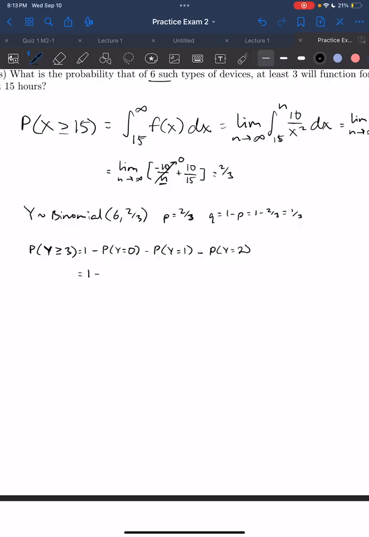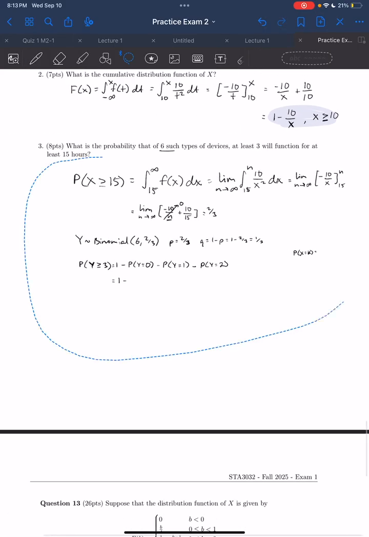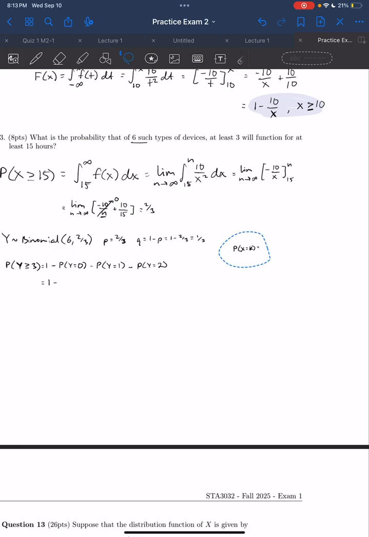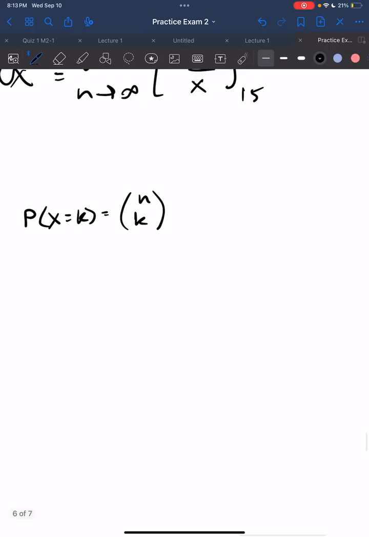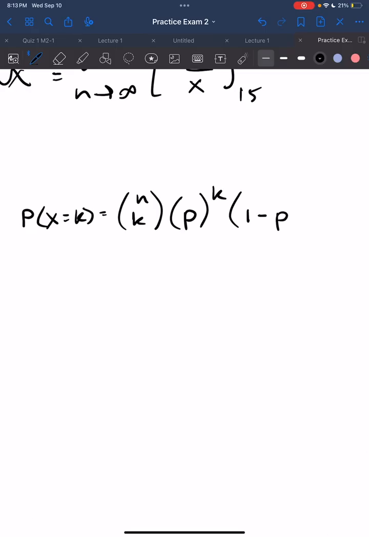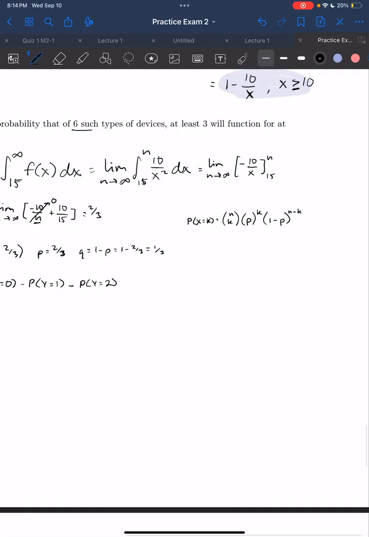As we recall, the binomial formula is P(X = k) equals n choose k, where n is the number of trials and k is the number of successes, times p, the probability of success, to the power of k, times 1 minus p, the probability of failure, to the power of n minus k, which is the number of failures.